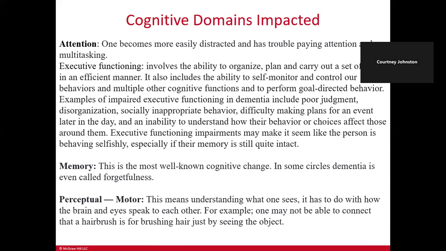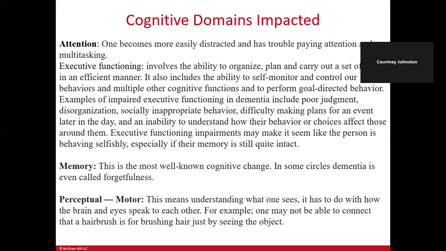Executive functioning may be impaired, and executive functioning has to do with the ability to organize, plan, and carry out a set of things in an efficient manner. It also includes our ability to self-monitor and control what we do, and to follow through with goals that we have.